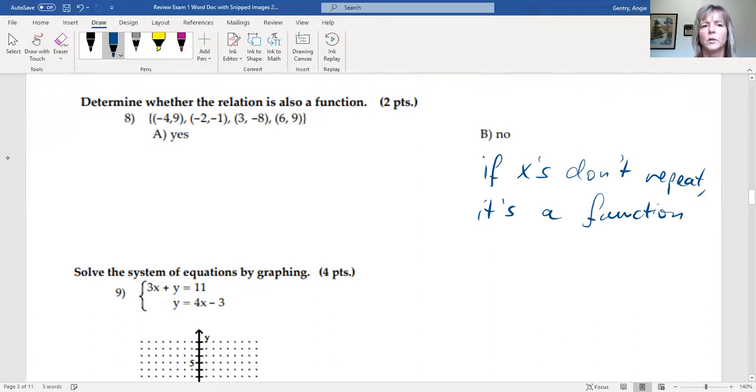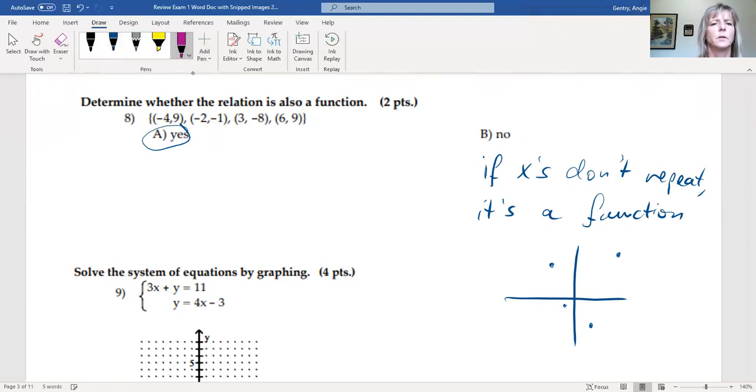The other thing is you can look at this as if you were to plot those points, vertical line tests. So -4, 9, -2, -1, and I'm just sketching. 3, -8, 6, 9. Do you see how if you put vertical lines through, they would cross at the most once. They would never cross more than once. So that makes it a function.